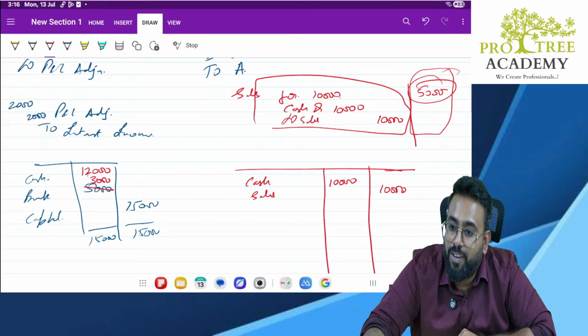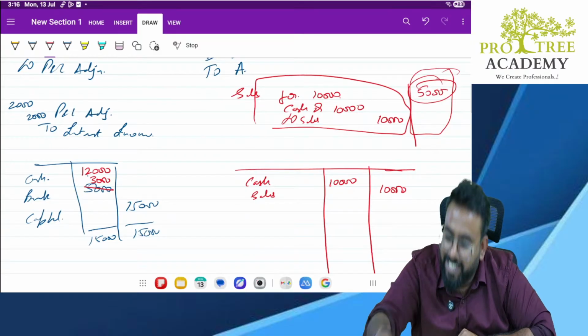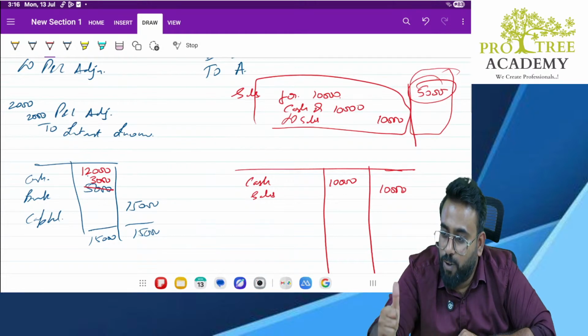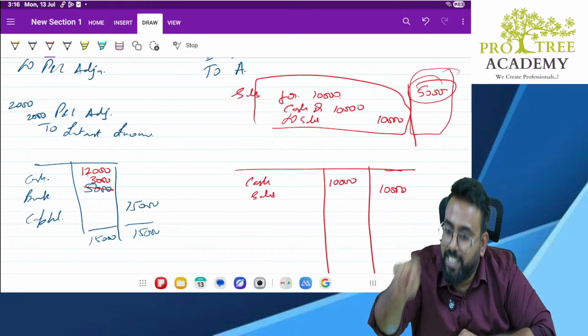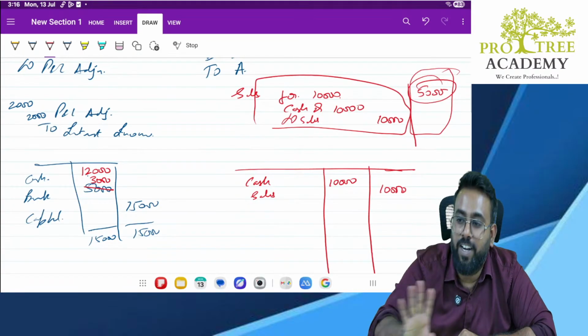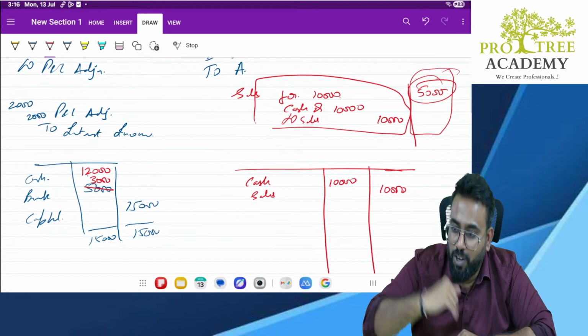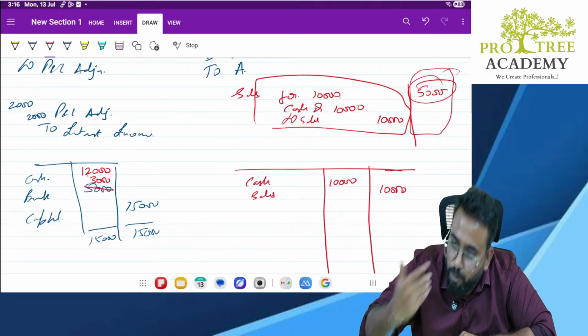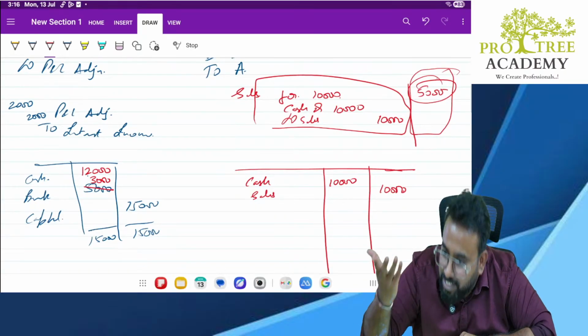That is the problem, sir. Error of omission and compensating error are very difficult to find out using the trial balance method. Understanding? That is what even I am telling. It is not possible using trial balance preparation. If something has been omitted, you will not understand that something has been omitted.